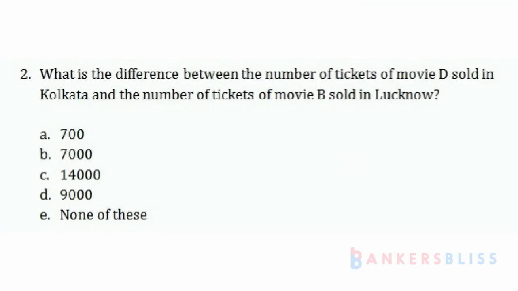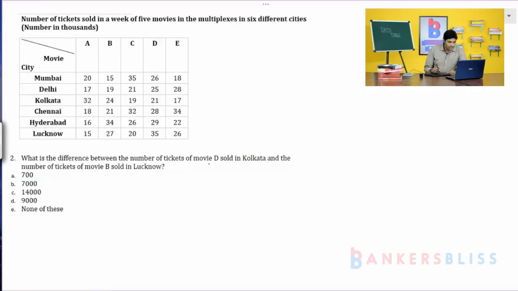What is the difference between the number of tickets of movie D sold in Kolkata and the number of tickets of movie B sold in Lucknow? Movie D in Kolkata is 21 and movie B in Lucknow is 27.